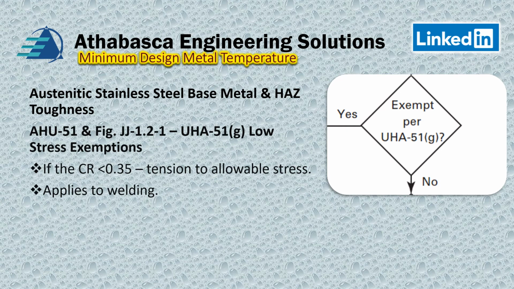And of course, this is familiar from earlier videos where we looked at the alloy steels, but in this case, we take the ratio of less than 0.35, and that stress relationship is supposed to be based on the temperature to the allowable stress. And what's interesting about this is that it applies also to welding.